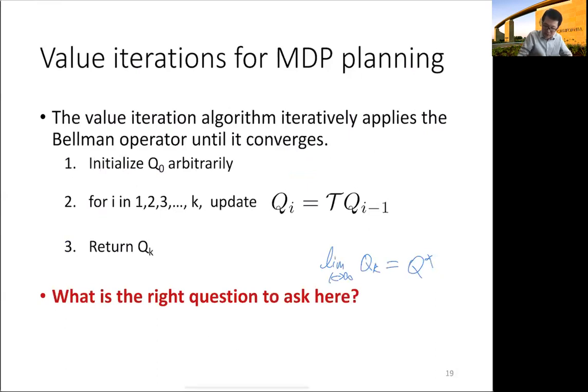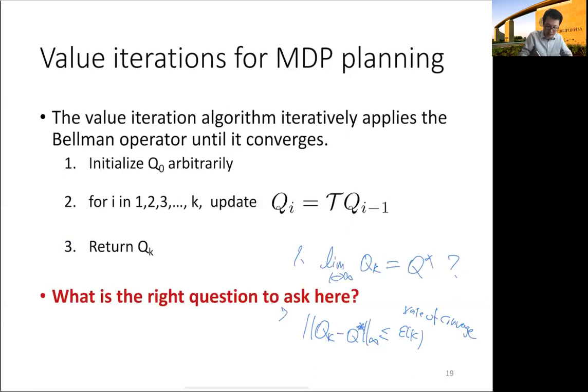We can also ask what is the L infinity difference between Qk and Q star as a function of k. This will be the rate of convergence: how quickly, in finite time and finite iterations, does Qk get close to the limit point?